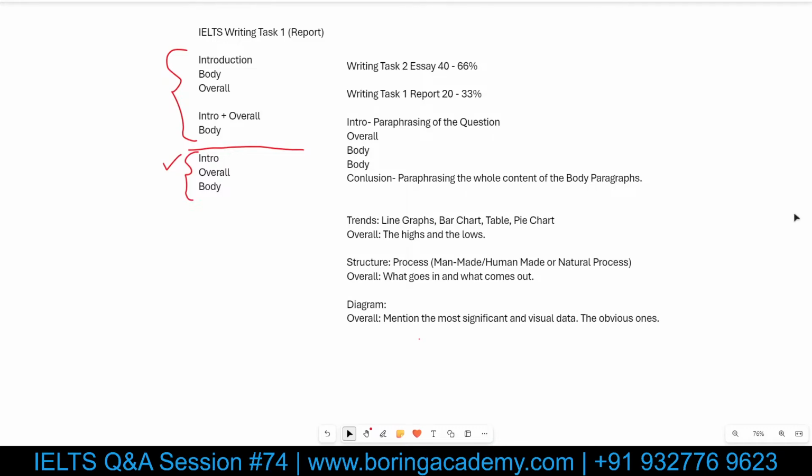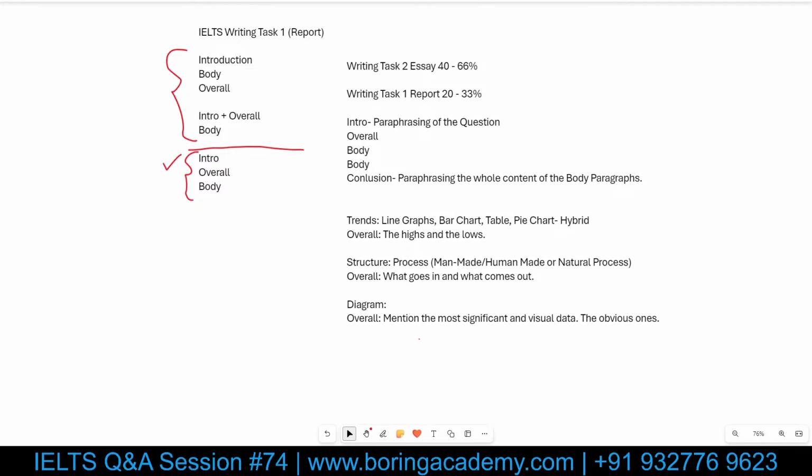And when it comes to IELTS, you will only see hybrids for these ones. Hybrids would basically be a line graph and a bar chart, or it could be a table and a pie chart. But when it comes to processes, diagrams, and comparison, there is no hybrid.